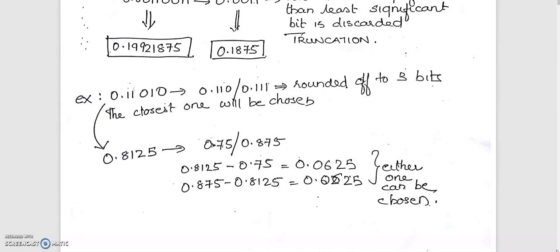So now when we take the difference with respect to the original value, we can see that the difference is the same value, 0.0625 here and 0.0625 here. So in this particular case, either one can be chosen. But if it is another situation where there is a difference between the original value and the rounded off value, we'll choose the one that is closest to the original value.